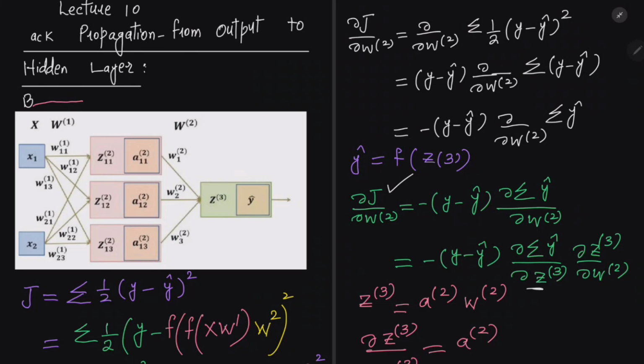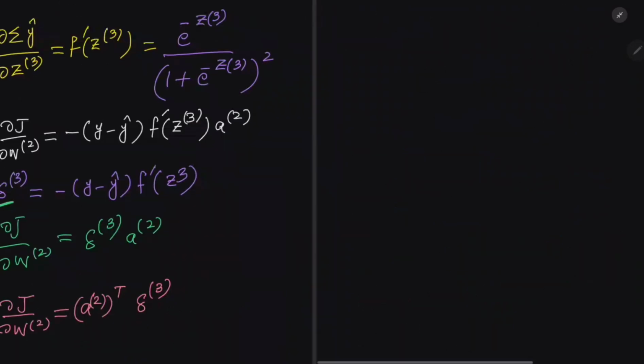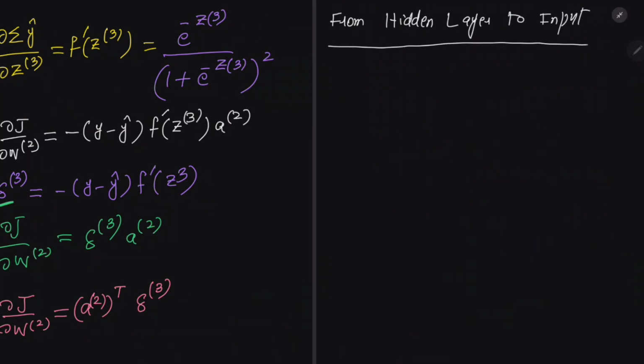Now from hidden layer to input. Now the procedure is backpropagation from hidden layer to input. It means J to hidden layer, then hidden layer to input.